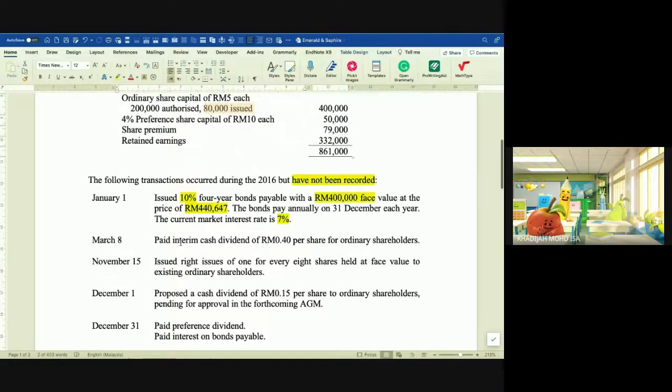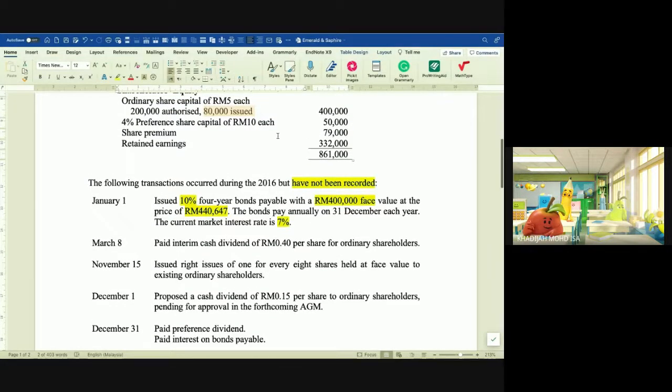So 80,000 shares divided by 8 times 1. How many new shares issued? 80,000 shares, and for every 8 shares, you get 1. So everyone will get 1 new share. So the total number of shares issued is 10,000 shares.